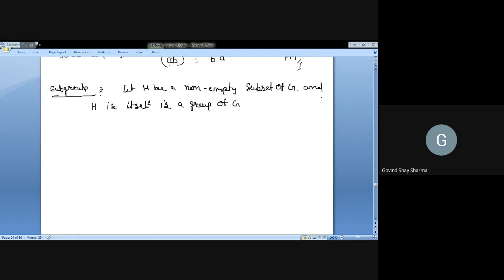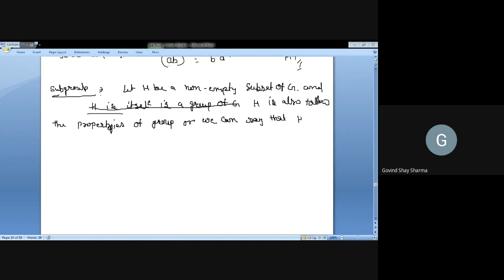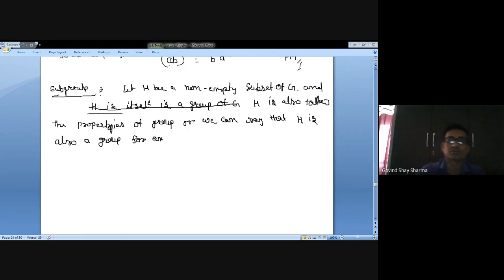So we can say that H also follows the properties of a group, or we can say that H is also a group for any operation for which G is also a group.